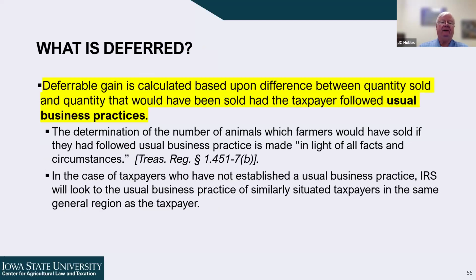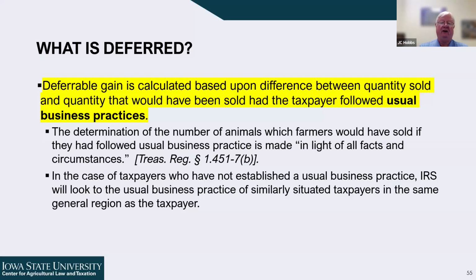So what gets deferred? It's the gain on the sale of those animals in excess of normal. That's the difference between the quantity sold and the quantity that would have been sold. The number of head sold versus what would have been sold under normal business practices in a normal year. We have to go through all the facts and circumstances.